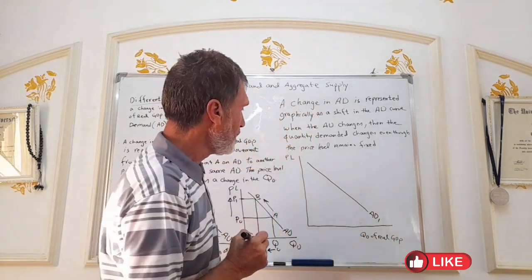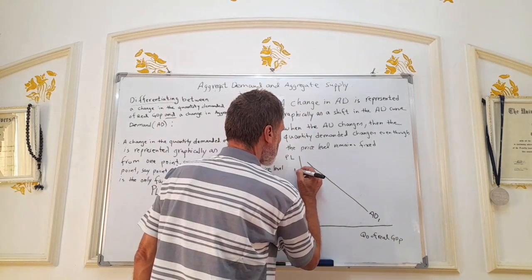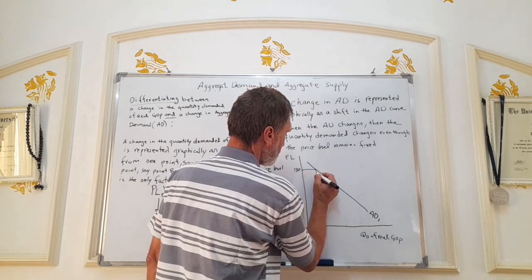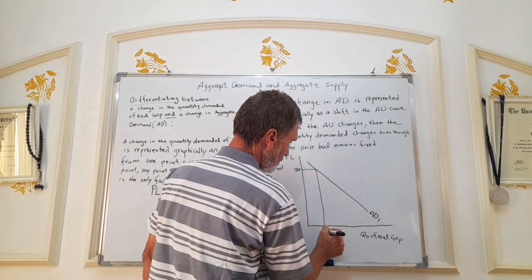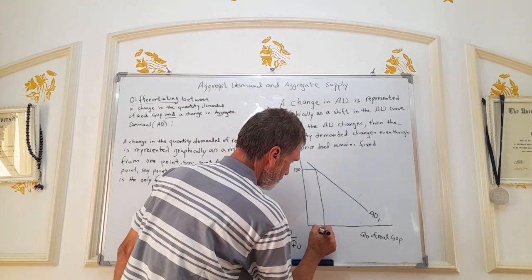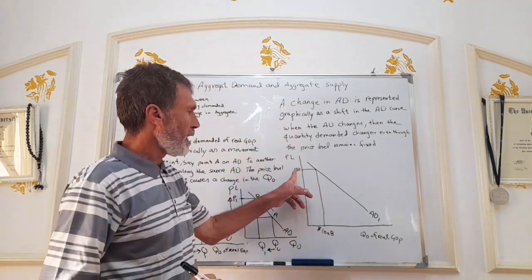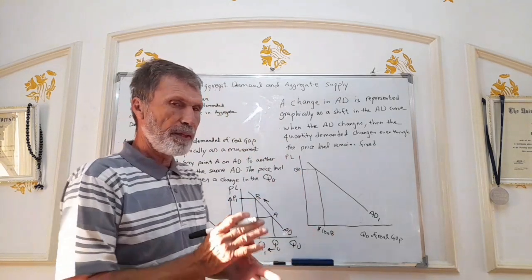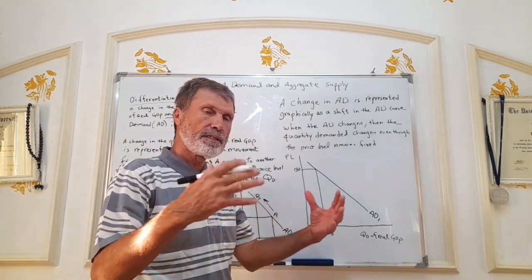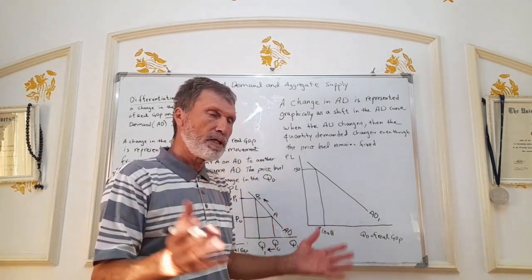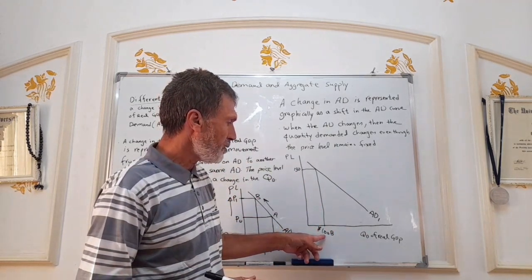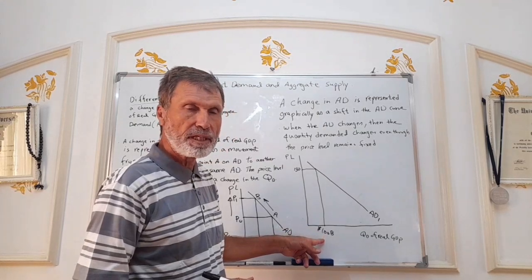For example, at the price level of 130, the quantity demanded of real GDP is, let's say, $100 billion. When the price level is 130, the consumers, the businesses, and the government will demand $100 billion worth of goods and services in the domestic economy.